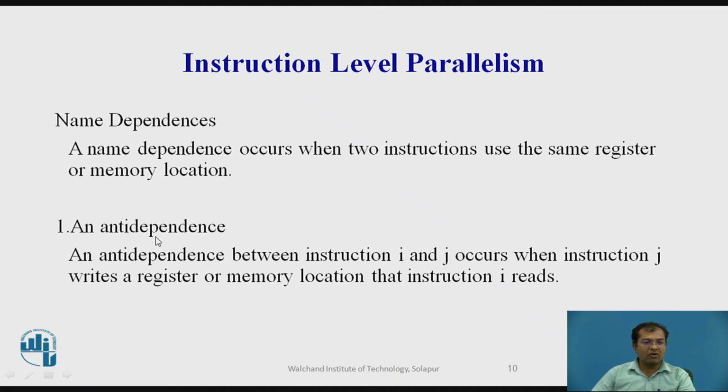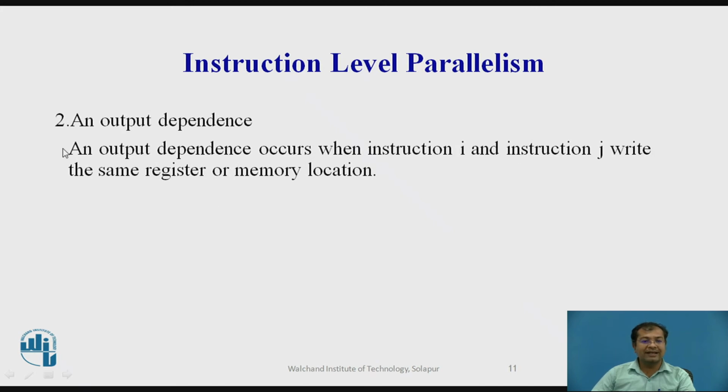An anti-dependence between instruction I and j occurs when instruction j writes a register or memory location that instruction I reads. I is trying to read the data of that respective register or memory, but j is going to write it. So it may get a wrong result.